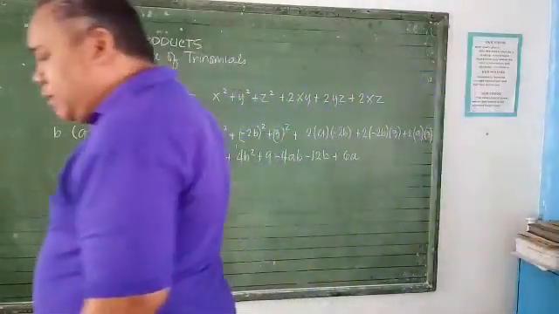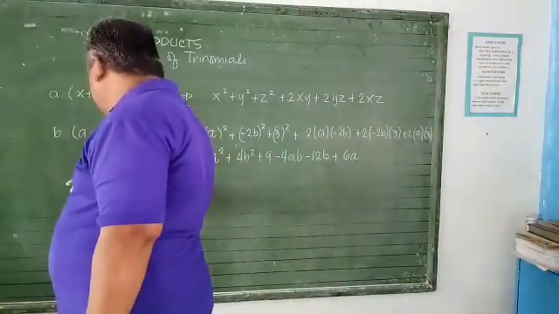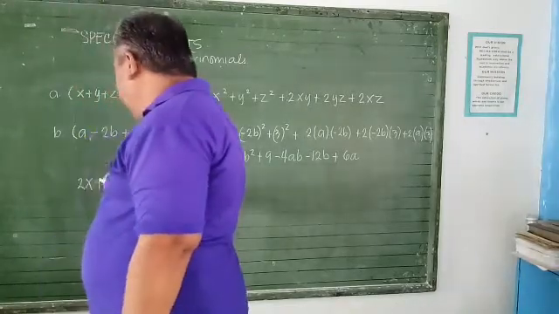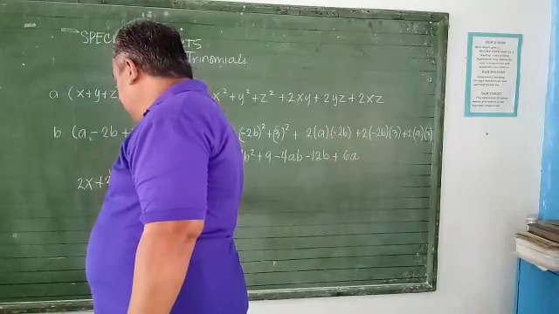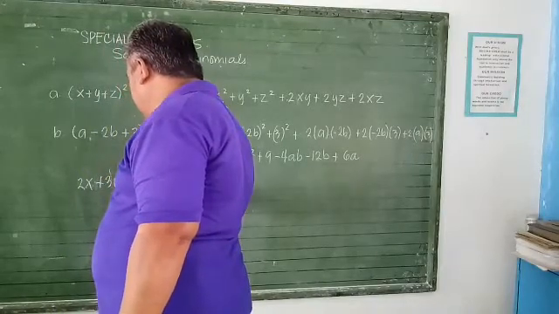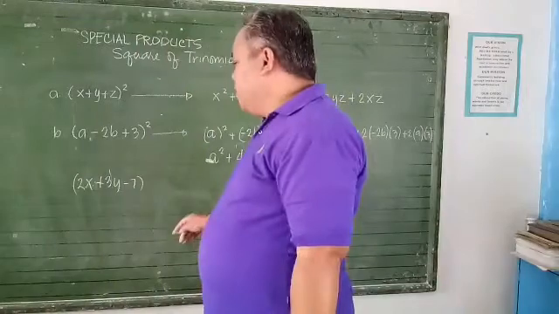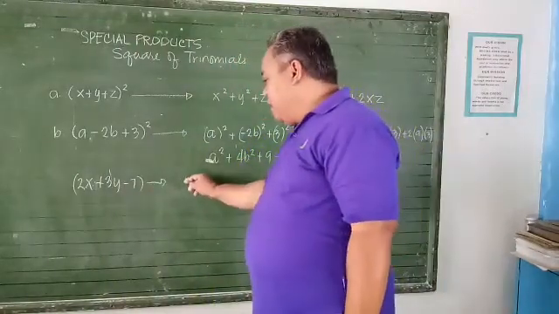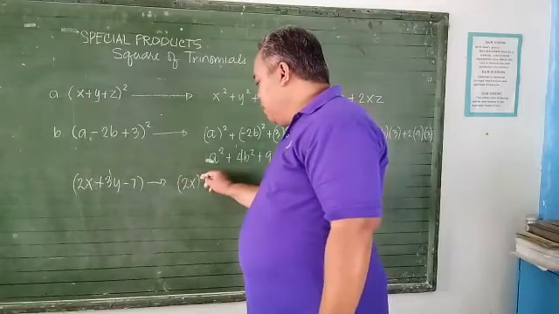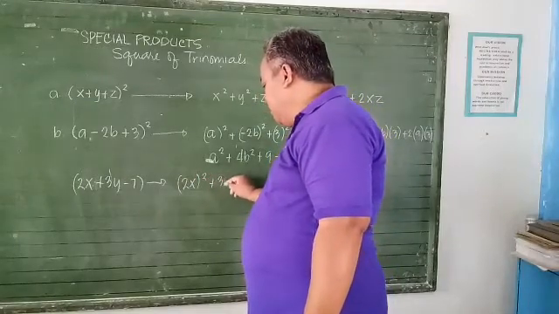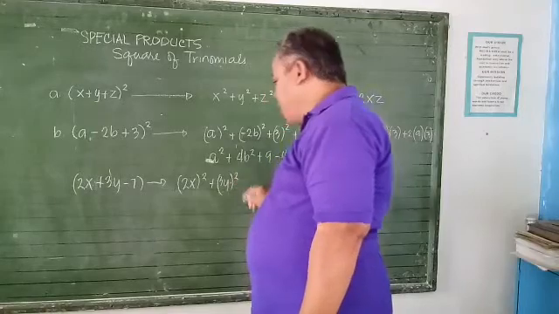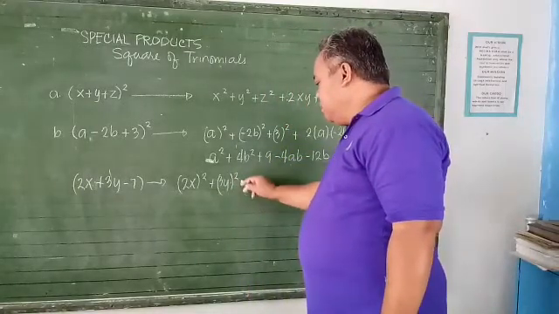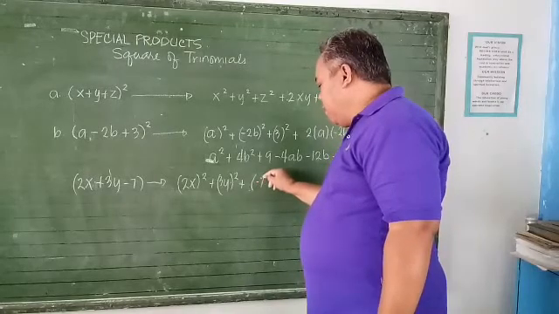Now, let us give an example. Let's say we have here 2x plus 3y minus 7. Okay, let's try to solve this one. Okay, so ang una mong gagawin is square mo lahat ng term. So 2x squared plus 3y squared, then minus 7 or plus negative 7 squared.